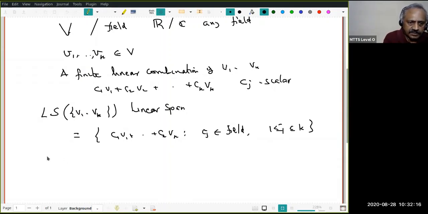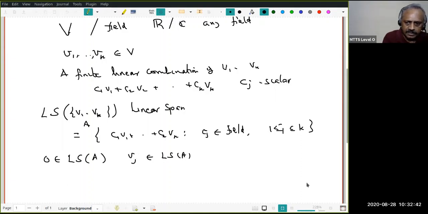Notice that 0 belongs to this, call it LS of A, and each vj also belongs to LS of A. Why? I can take c1 to ck to be 0, then 0 belongs to that. I can take c1 to be 1, c2 to ck to be 0, then v1 belongs to that, and so on.